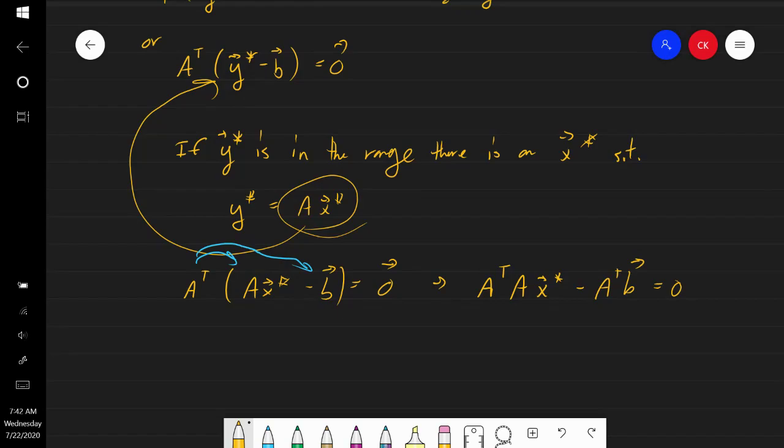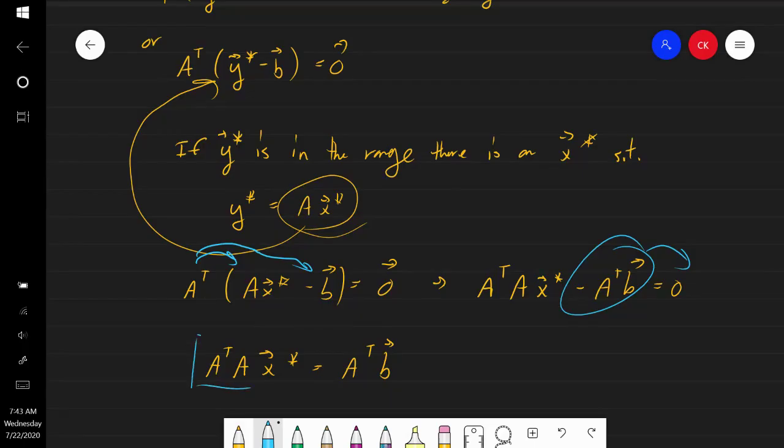And with a little bit of algebra here, we can manipulate this so that we have A transpose A times x star equals A transpose b. Just moving this term to the other side of the equation. And then lastly, what we want to do is isolate this x star. This is our least squares solution, or will be our least squares solution.